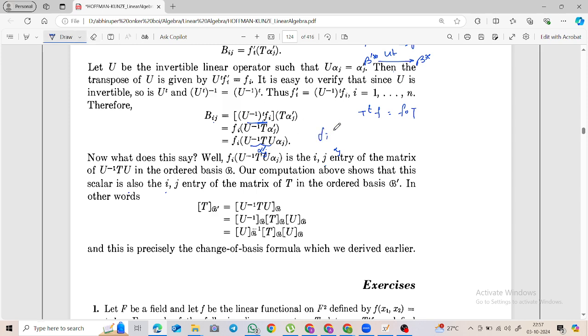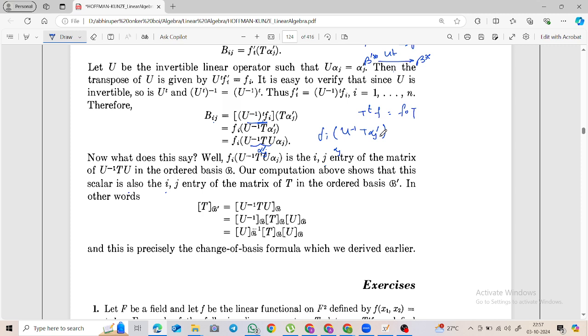this is Phi U inverse T alpha j prime. Phi of U inverse T, the ij entry of U inverse T U, right, in the ordered basis beta.